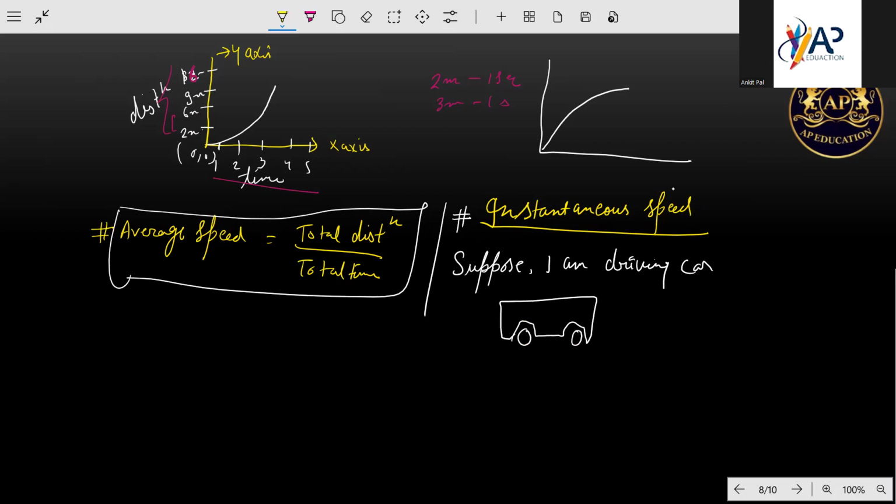This is the speedometer, which tells speed.